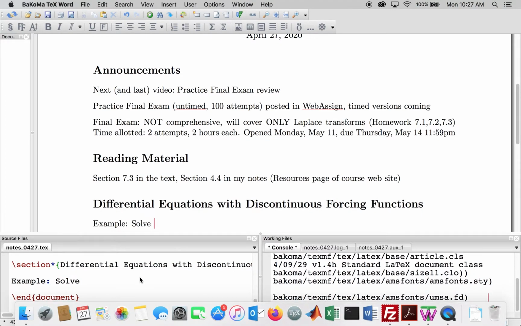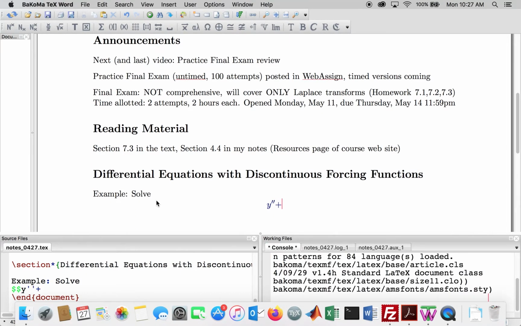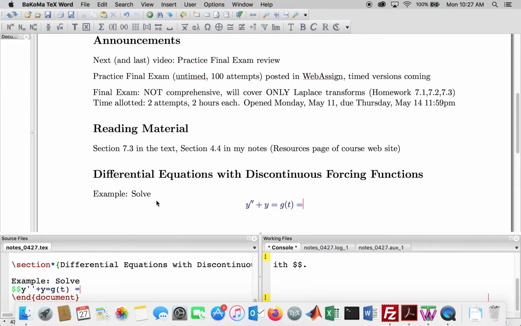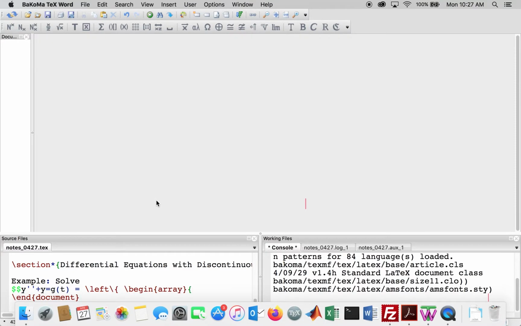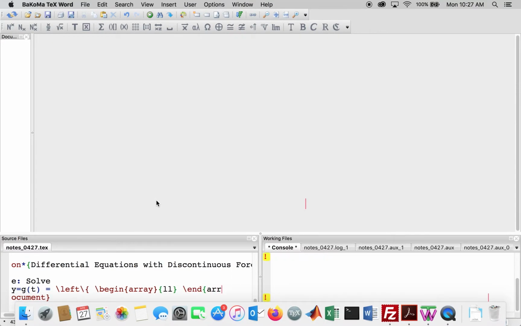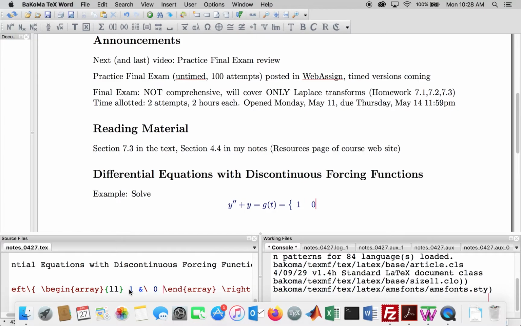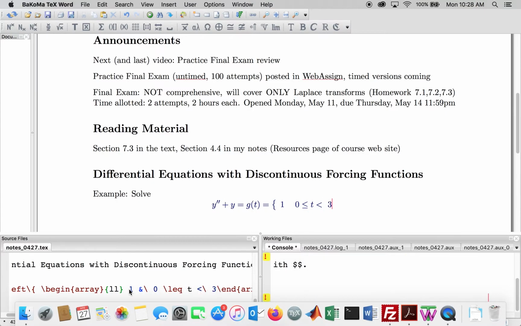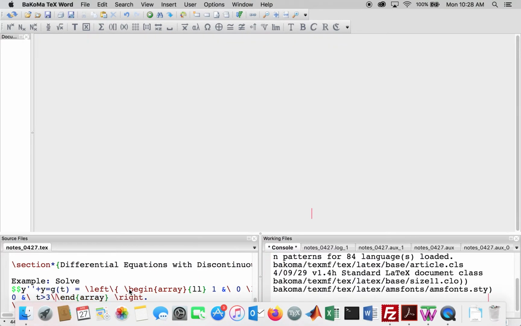So we have this differential equation, second order: y double prime plus y is equal to some given function g of t, and that function, in this case, is defined to be 1 for t up to 3 pi and equal to 0 after that.